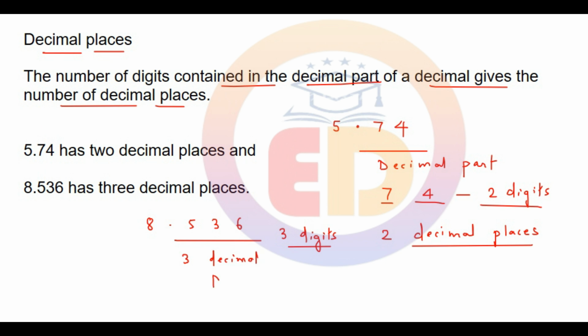So decimal place means the number of digits in the decimal part. 2 digits means 2 decimal places. 3 digits means 3 decimal places. A very important concept, because when we compare, multiply or add decimal numbers, these decimal places play an important role. To summarize, the number of digits in the decimal part is the decimal places.